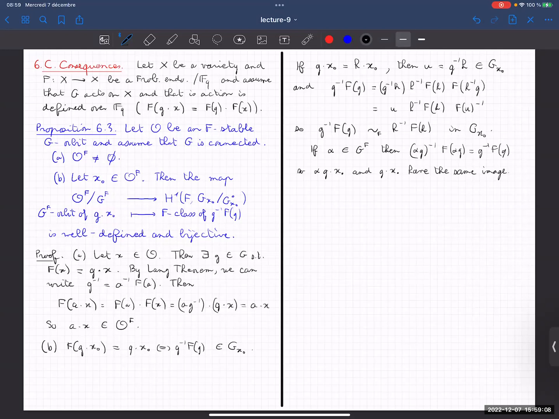Okay, so this was to prove. So this proves that the map is well defined. In fact, that's the hardest part. When you know that it is well defined, proving the bijectivity is easy, and I leave it as an exercise. And that's a good exercise to train to use Lang's theorem.